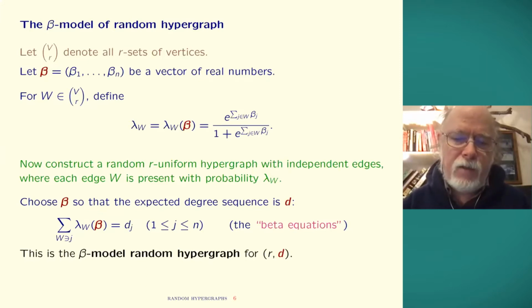So this is a type of random hypergraph where each R set is independently present as an edge, but the probabilities are different for each such R set. And the average degree of each vertex is the D_J coming from the degree sequence that you're interested in.